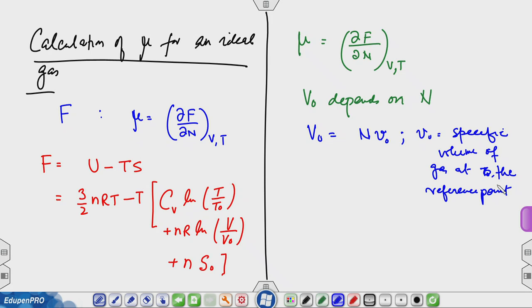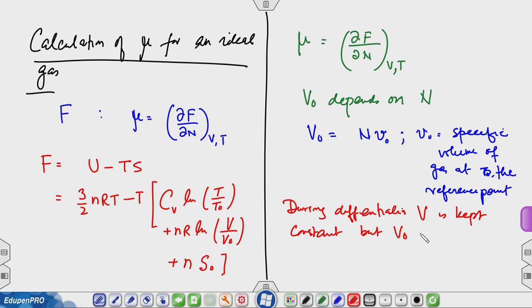And in differentiation, it is the V which is kept constant. But V0 is not. This is a very subtle point which you've got to keep in mind.